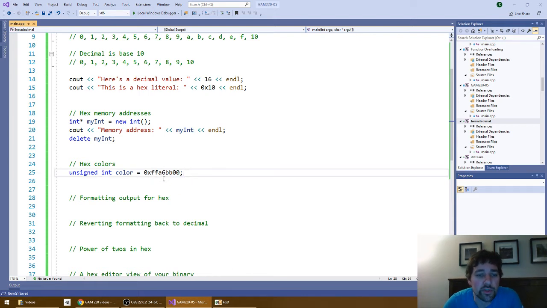So I would describe this color just by looking at it. It's very red, and it is a little more blue than it is green. So I'd say that it's kind of like a light red, like a pink that has a little bit of blue in it.